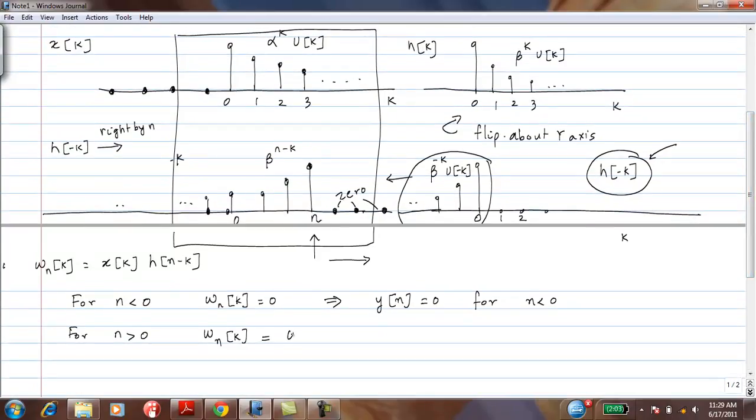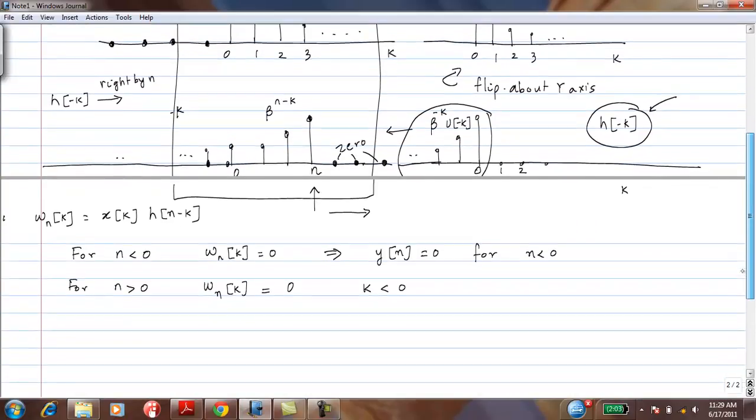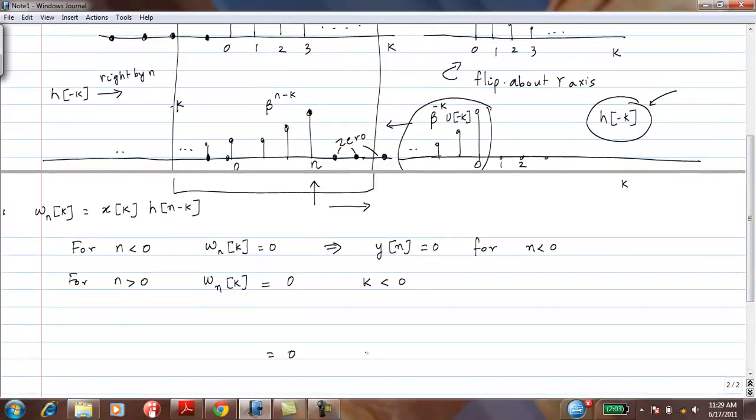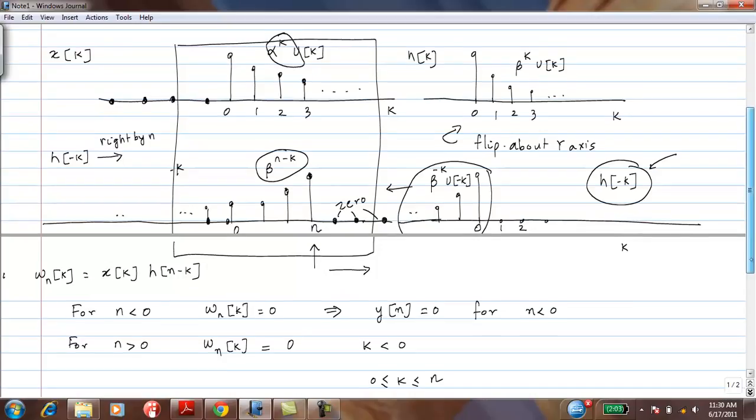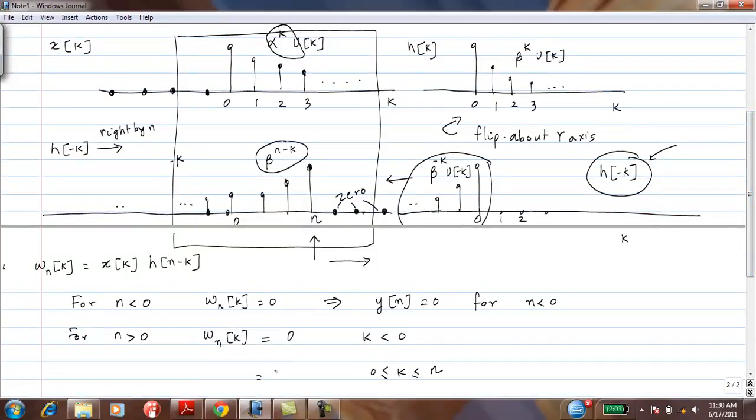So wn of k is 0 for k less than 0. It is also 0 for k greater than n. So for values of k between 0 and n, it's given by the product of this and this, which is alpha to the k times beta to the n minus k.